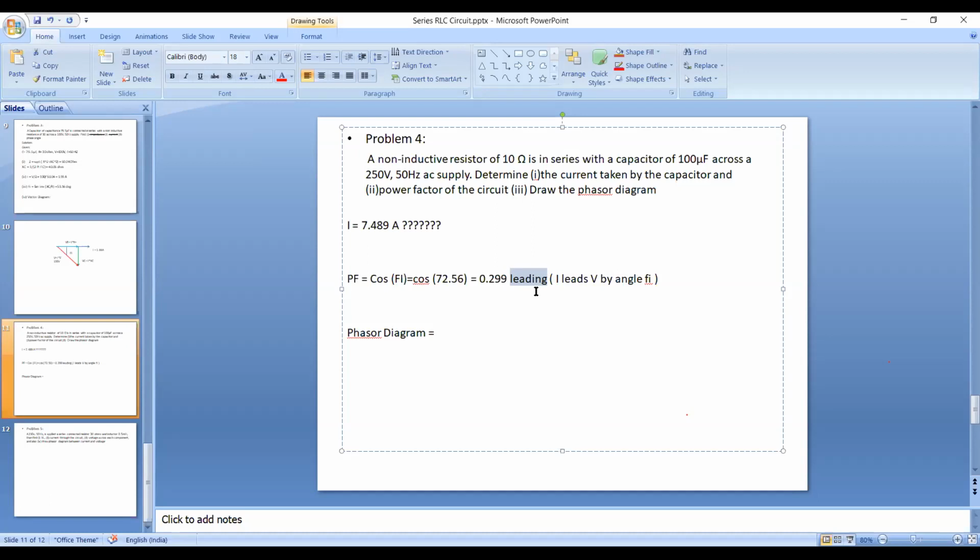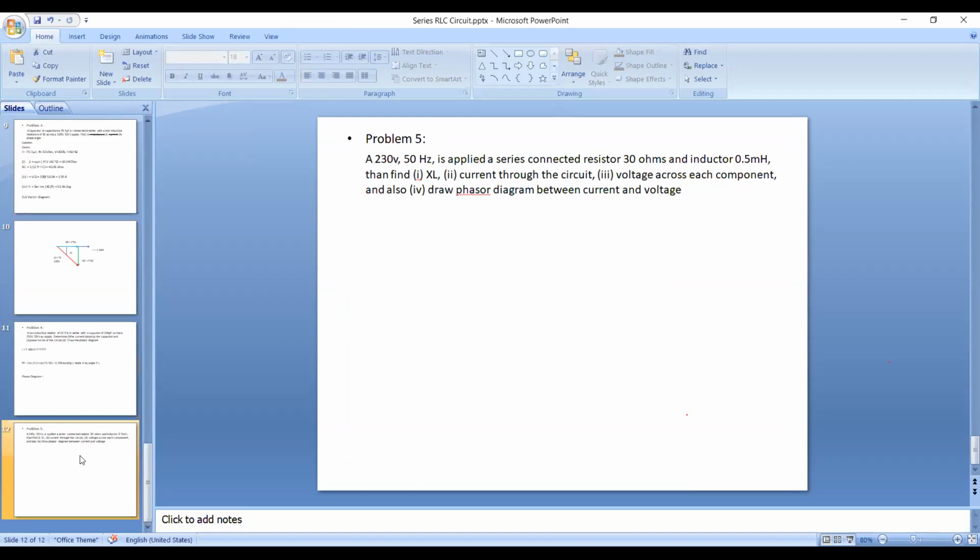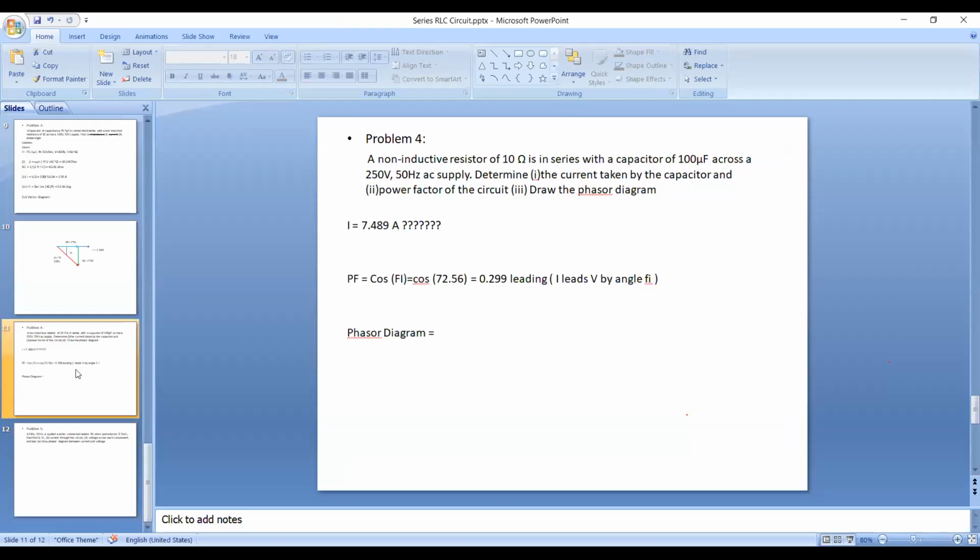And the phasor diagram. You can draw the phasor diagram as homework and share it in the group. Meanwhile, I will send across a few more problems as an assignment, and you can submit it in Google Classroom. Tomorrow I will be discussing problems related to series RLC circuit.